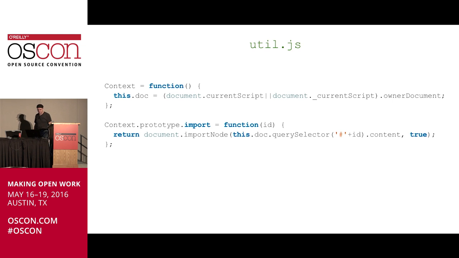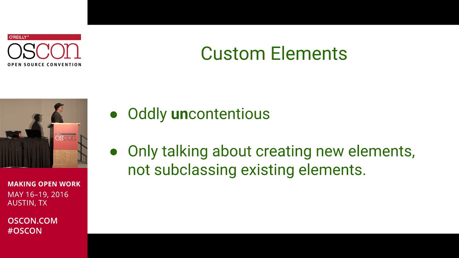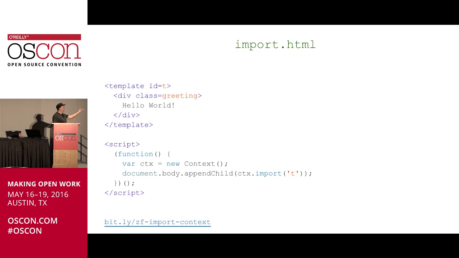Take it out of the freeze-dried state. So if we now go back and simplify our JavaScript this way, we have this new context. So we just created a new context, and we say document.body.appendChild, and then we context.import that thing. So much simpler.